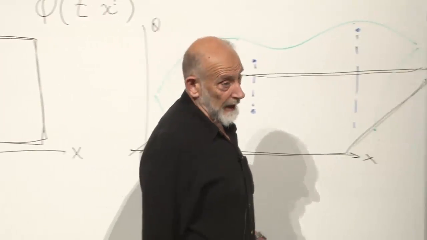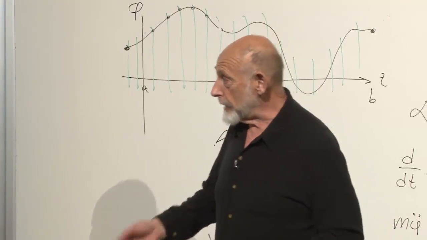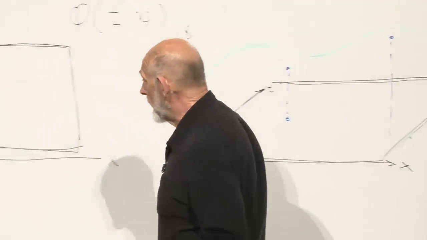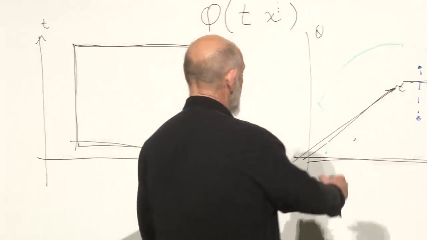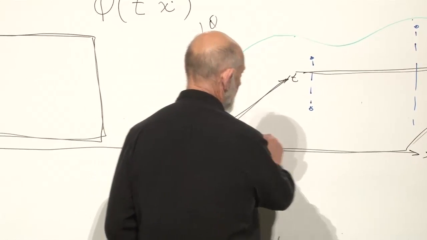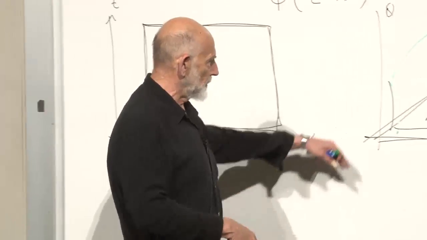It doesn't have to be a rectangle. It could be any space-time region. Take a space-time region, freeze the field on the boundary. Okay, so that means it's sort of frozen over here. Here's a boundary. My diagram is getting too cluttered.